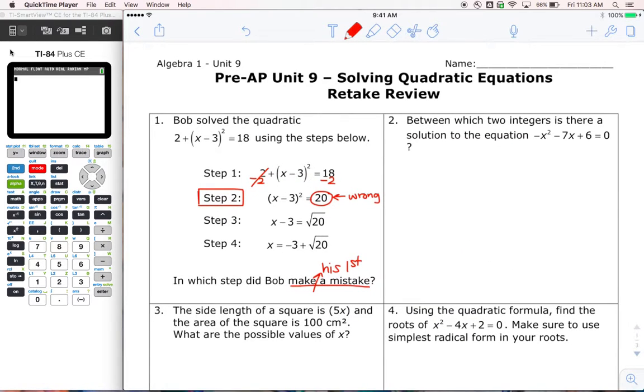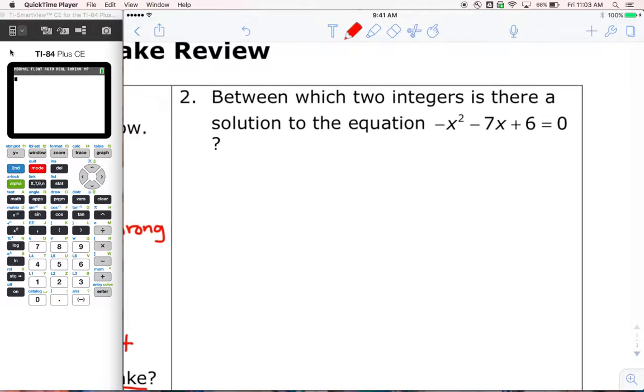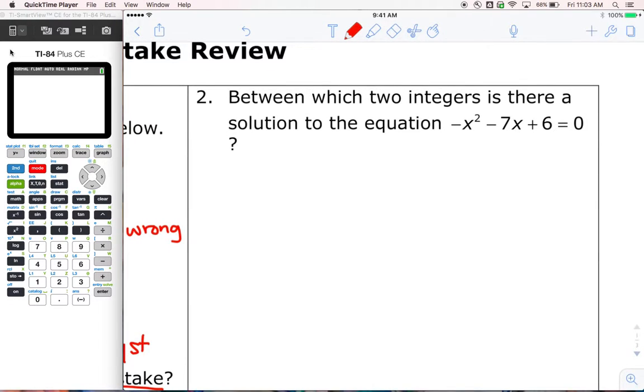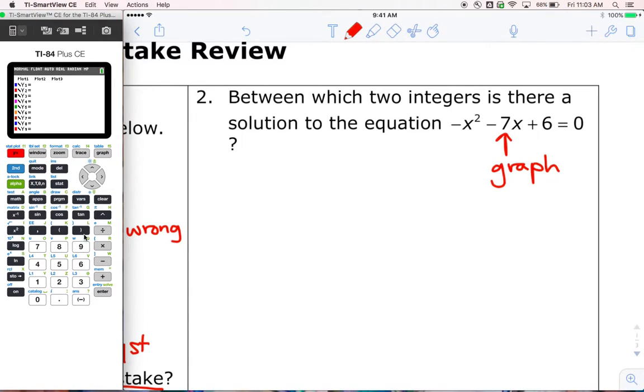All right, question number 2. Between which two integers is there a solution to the equation negative x squared minus 7x plus 6? Well, it's equal to 0, so I'm going to graph this thing, okay? Let's go to y equals, and we're going to put in negative x squared minus 7x plus 6.